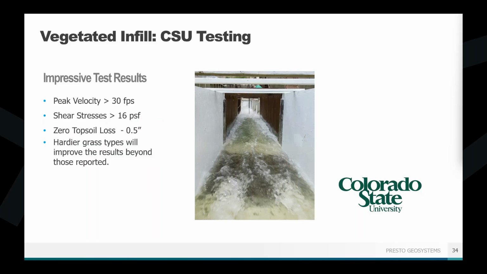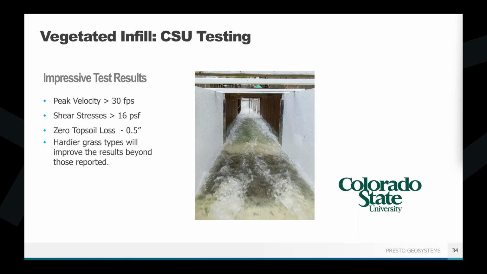So the GEOWEB system was tested at CSU in a couple different scenarios. So we started with topsoil and vegetation testing. In this case, this was our 6-inch deep GEOWEB panels, filled with topsoil and covered with a TRM, turf reinforcement mat. So we did allow for that vegetation to get fully established, and it started to go across.